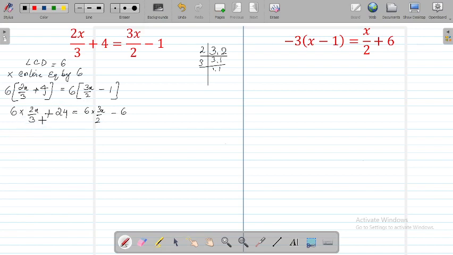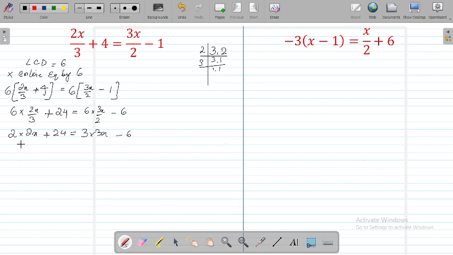Now we can simplify this expression. 6 into 2x upon 3: when 6 is divided by 3, we get 2 multiplied by 2x, plus 24, and 6 divided by 2 is 3 into 3x minus 6.